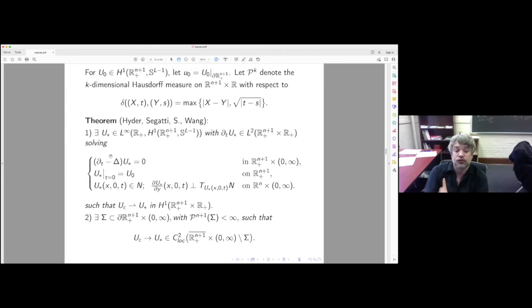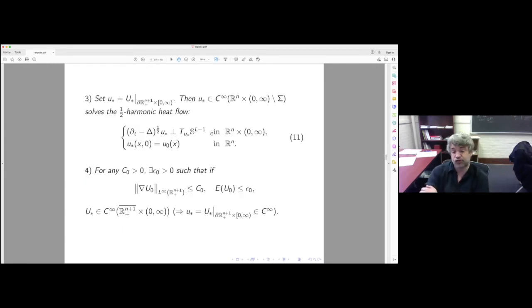The singular set, of course, is on the boundary, right? Here you are caloric, nothing can happen inside. This is a heat equation, everything has to be smooth inside. So the singular set is where you are going to have blow up, or the solution will be singular in space and time with finite parabolic Hausdorff measure.